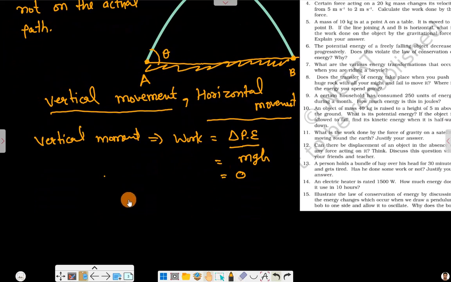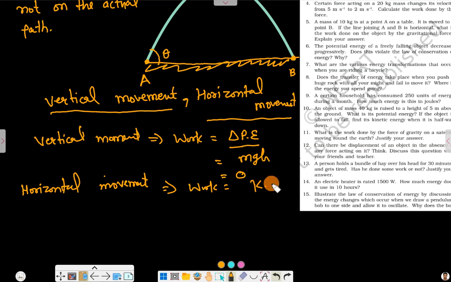Now consider the horizontal movement. For horizontal movement, in work we see the change in kinetic energy. When the object was thrown, it had a certain velocity, suppose v. When it comes back at point B, it will have the same velocity, just the direction will be changed.